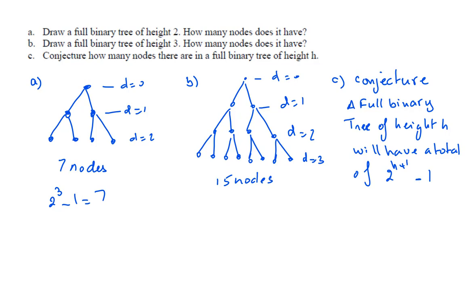Here the height is 3, so it's 2 to the power of 3 plus 1, minus 1, which is 2 to the power of 4 minus 1. It's 16 minus 1, and therefore it's 15, and so on. This is not a proof, but just an educated guess. You could use proof by induction to prove that it's true.